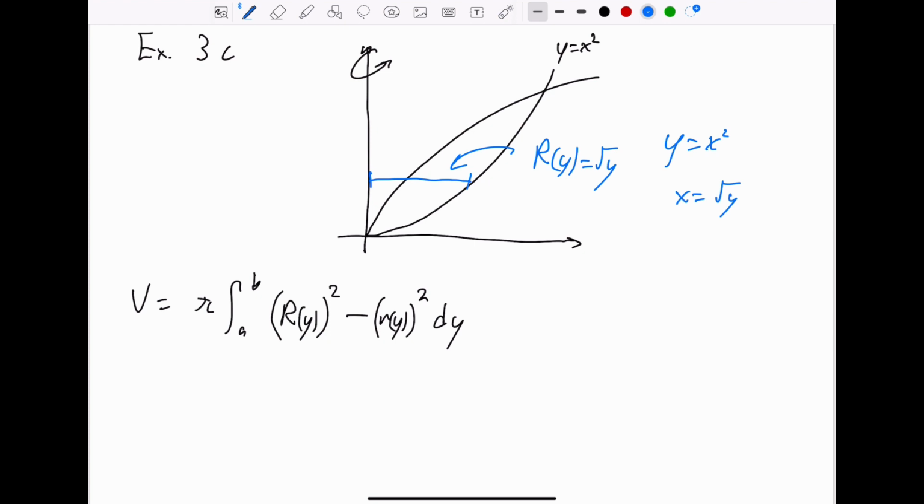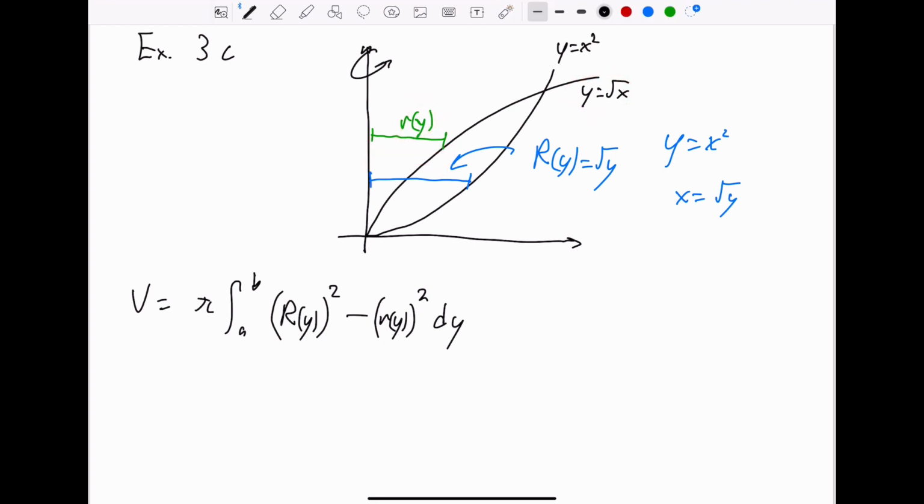Now, let's think of small r. That's the distance from the line of rotation to the inside of the shape. This would be small r of y. This involves the function y equals square root of x. But this small r of y is an x distance. It's some distance in the x direction. How are x and y related for this curve? Well, y equals square root of x.